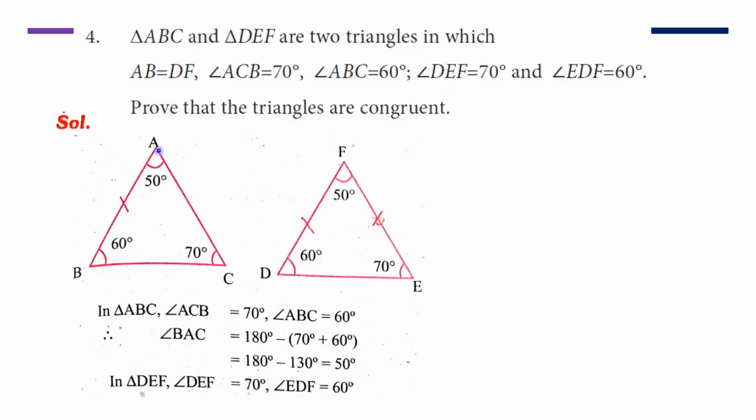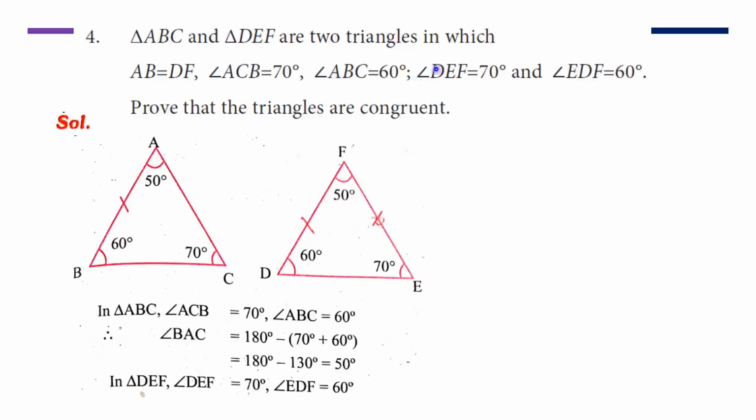See this, the names of the triangles are ABC and DEF. In that, AB is equal to DF, that is AB is equal to this DF, and angle ACB, we have to consider the one at the center. So ACB is 70 degrees, and angle ABC, that is the angle formed at B, is 60 degrees.